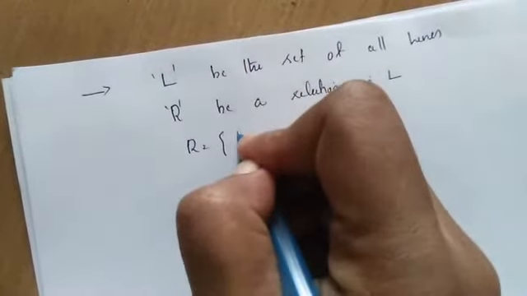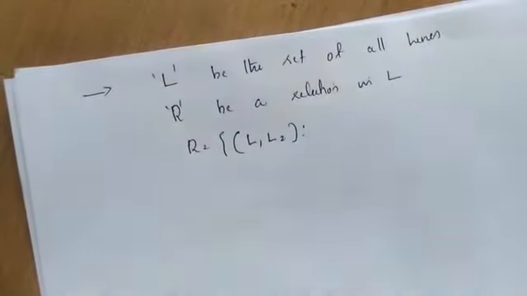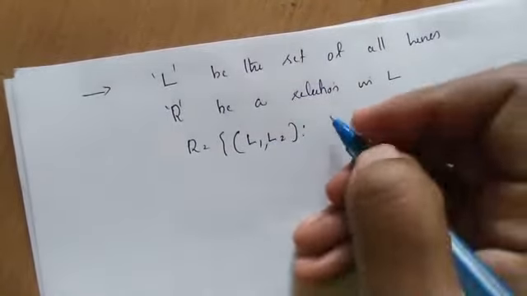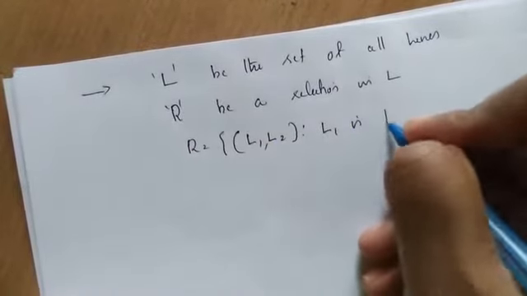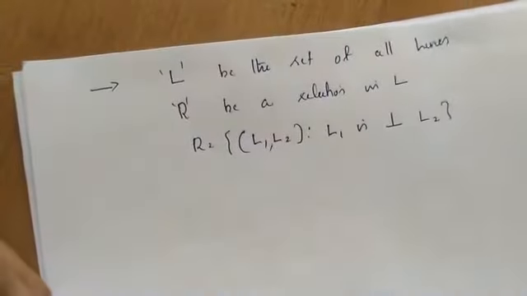Consider a question. Let L be the set of all lines and R be a relation in L defined as R = {(L1, L2) where L1 is perpendicular to L2}.